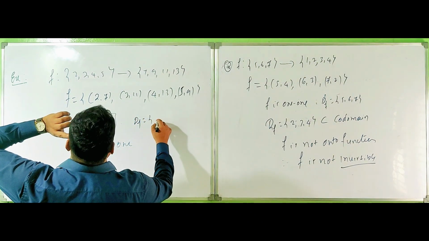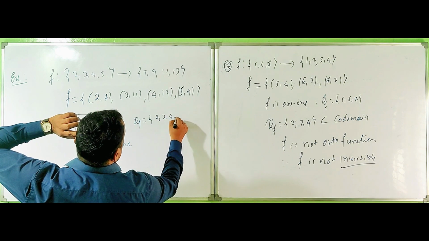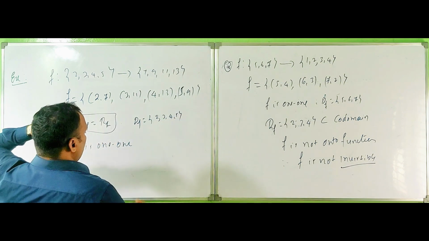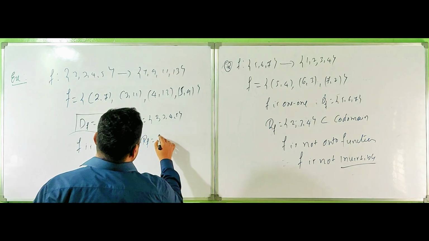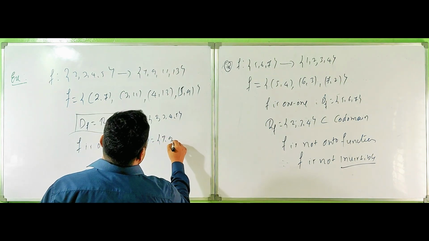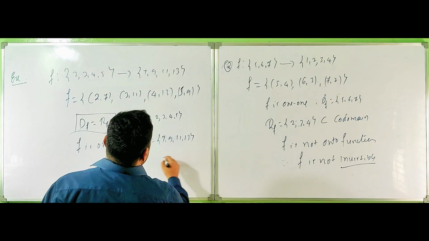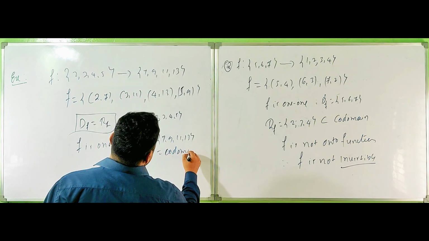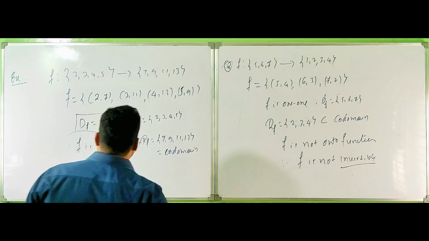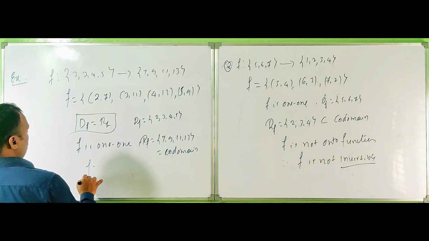Domain of F is better written as 2, 3, 4, 5, and the range of F is equal to 7, 9, 11, 13, which is equal to the codomain. The range becomes the codomain, right? And F is onto.